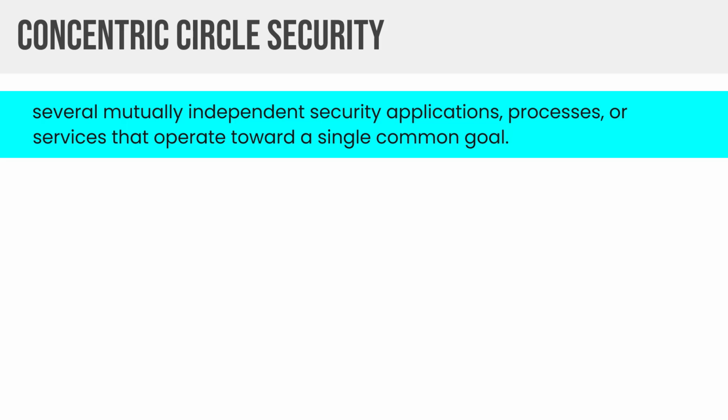So this security model consists of several mutually independent security applications, processes, or services that operate toward a single common goal. So it avoids a monolithic security stance by having multiple independent applications, tools, and processes working together to provide better security.